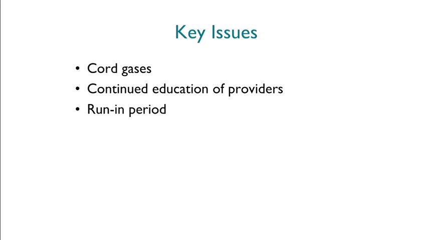First, as you may have noticed before, metabolic acidosis is one of the key primary outcomes. Therefore, we need cord gases. We cannot determine metabolic acidosis unless we have the cord gases, so we need cord gases on every case. Now, we understand some cases you may not be able to get cord gases, but these should be the minority.